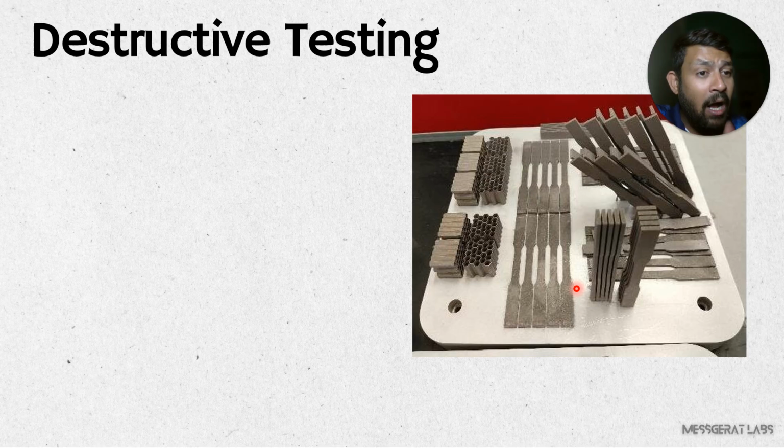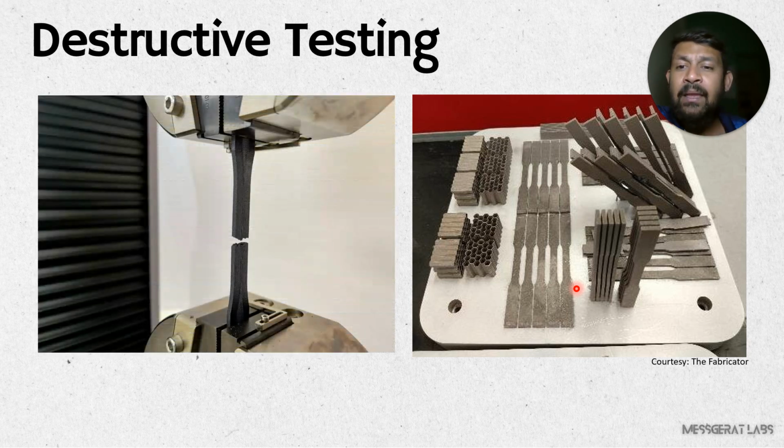In order to account for all the different properties which vary in different directions, you need to do coupon printing in multiple directions, and these coupons are then tested in a universal testing machine, which is very suitable for tensile test specimens. So basically, you break the coupons. That is why it is called destructive.